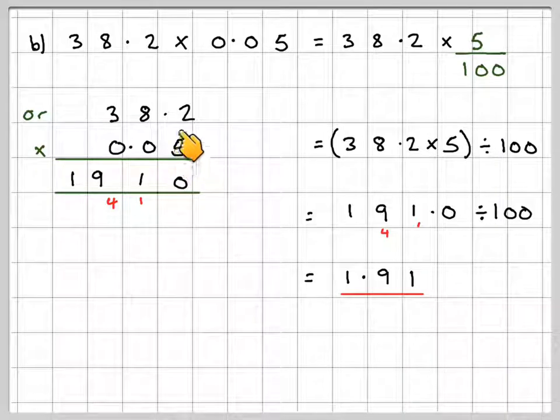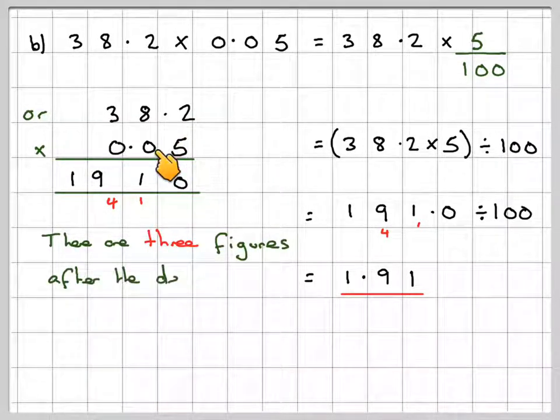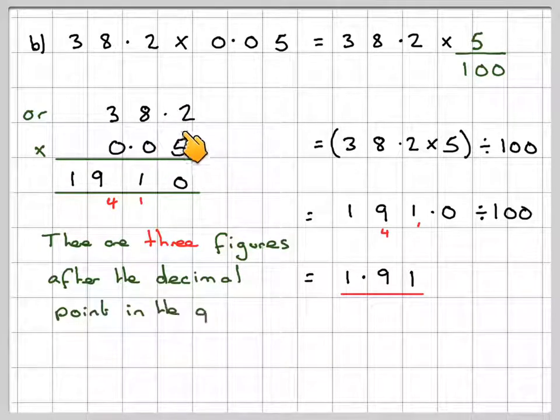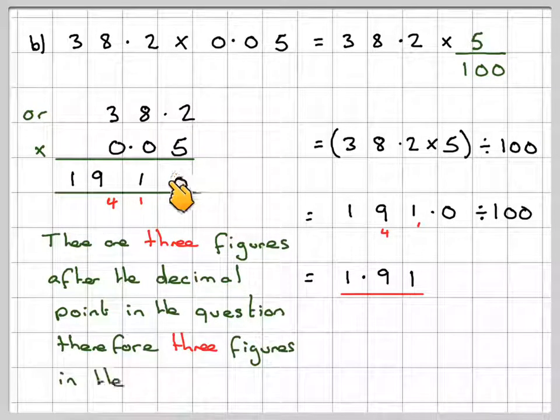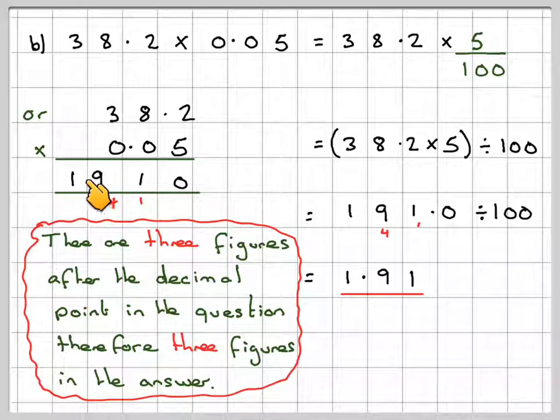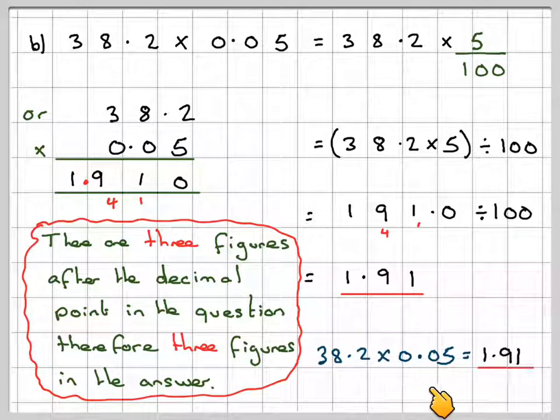We've got 1, 2, 3 numbers in the question. Therefore, I need 3 numbers in the answer. So it's 1, 2, 3. So my decimal point is to go here. All right, and therefore we can say that 38.2 times 0.05 is 1.91. So whichever method you're going to use, you should get the same answer.